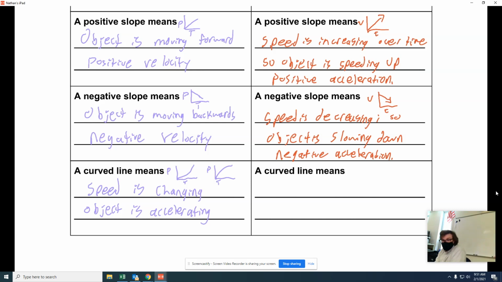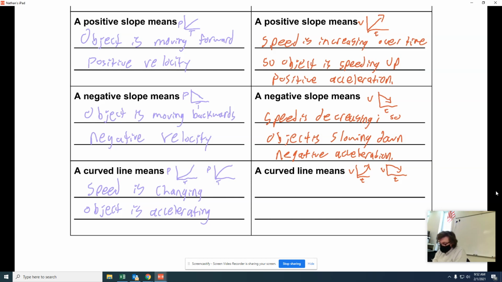And the last example that we could have, again, if we're looking at a velocity or speed versus time graph, is if we have a curved line. This one isn't going to show up a whole lot, but in the past, students have been curious. If our line is curved, that means our slope is either increasing or decreasing.